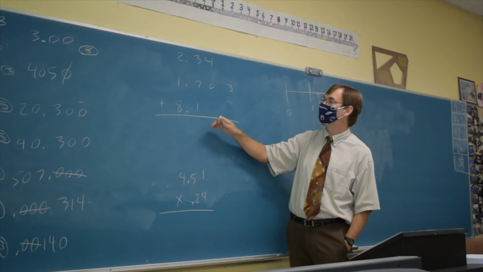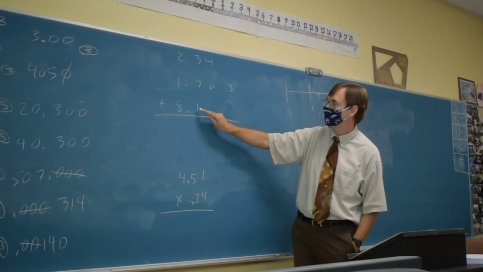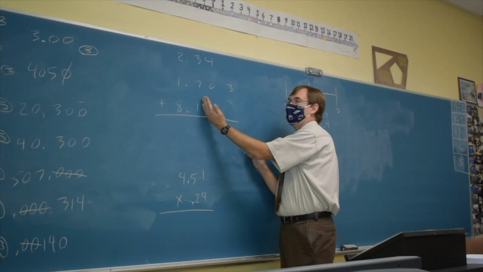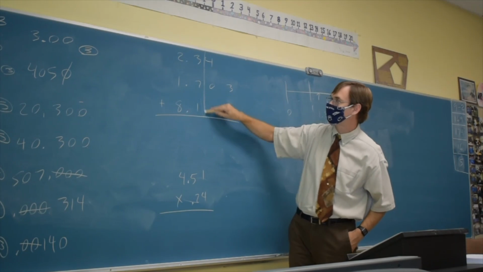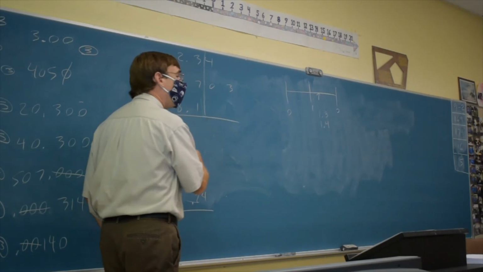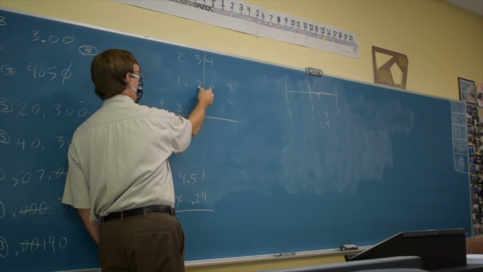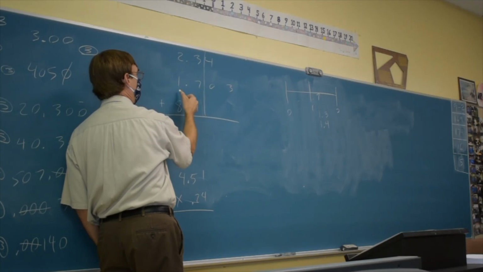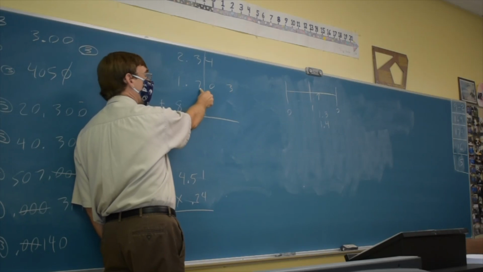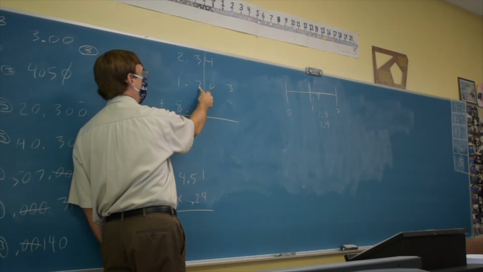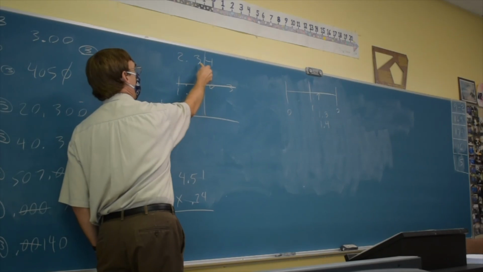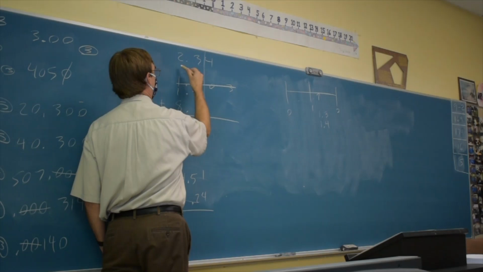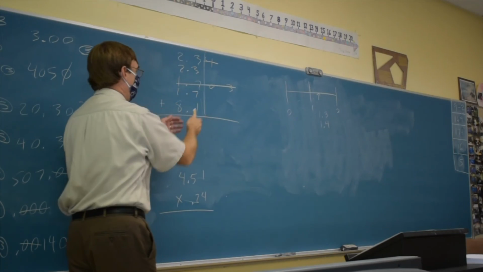Okay, so what we need to do if we're adding or subtracting is notice which number cut out first, and cut all the numbers out at that spot. And we're going to want to round them all to the same place. So if we round this to the tenths place, we come out with, round that to the tenths, round it to the tenths, 1.7. If we round this to the tenths, 2.3. Then add the numbers all together.